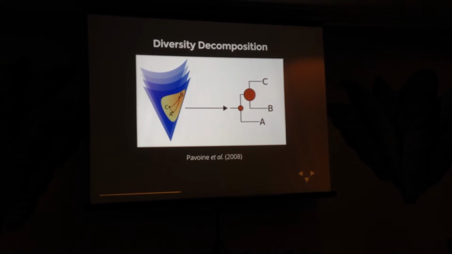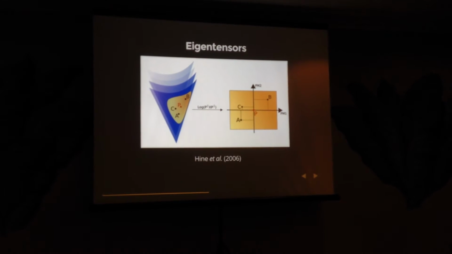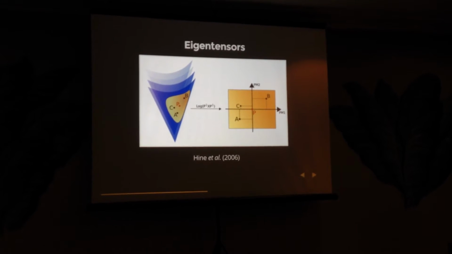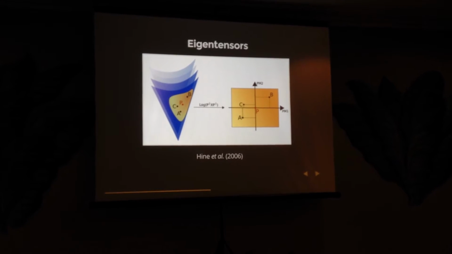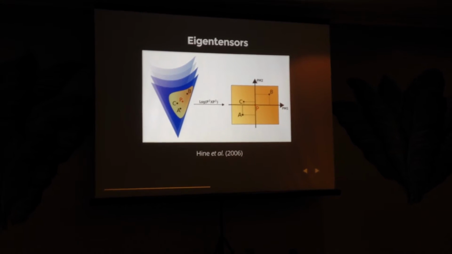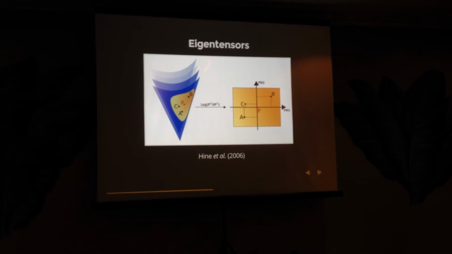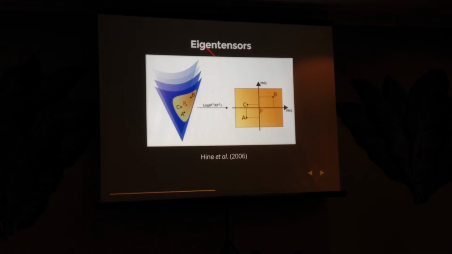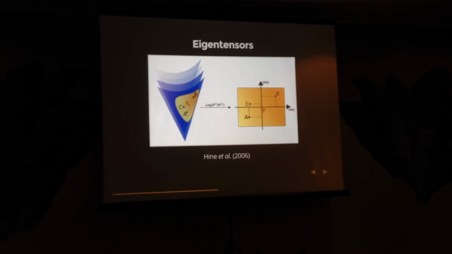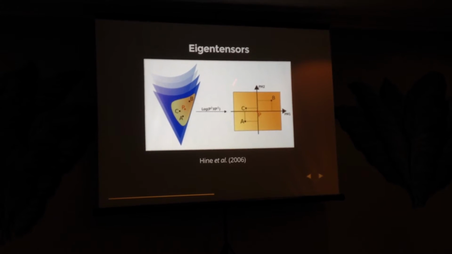Furthermore, in order to describe such matrix variation, we use the eigentensor decomposition that has been proposed by Hein and collaborators in 2006. First we take the matrices that are lying in their weird non-Euclidean space and map them to an actual Euclidean space.